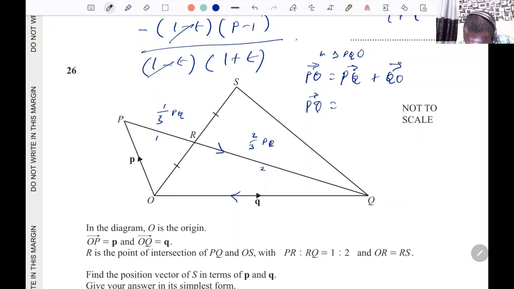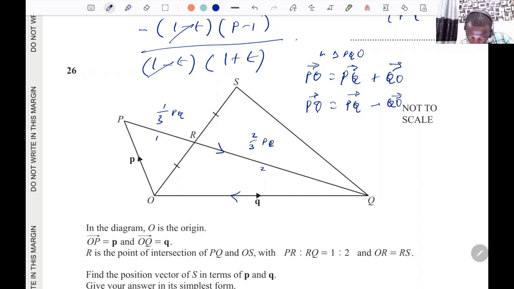So I have PQ, then minus, because this one negates the movement, it becomes minus QO direction.